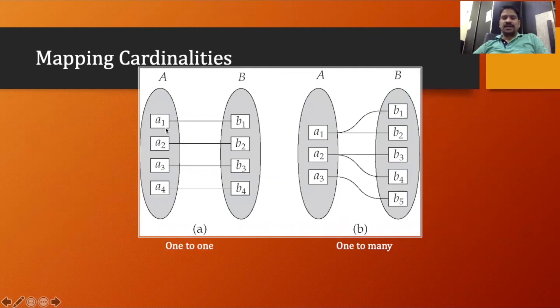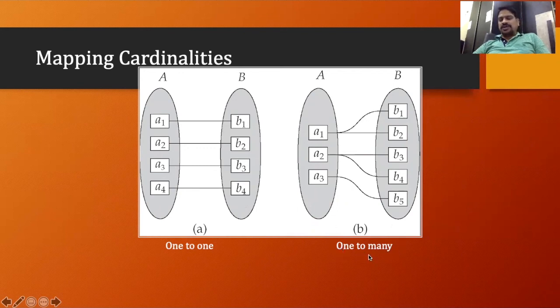Let's say for the customer there are A1, A2, A3, A4, and for the account there are B1, B2, B3, B4. So one customer will have only one account, and that account will not be shared with another customer, right? So this is the relationship. It is called a one to one relationship.